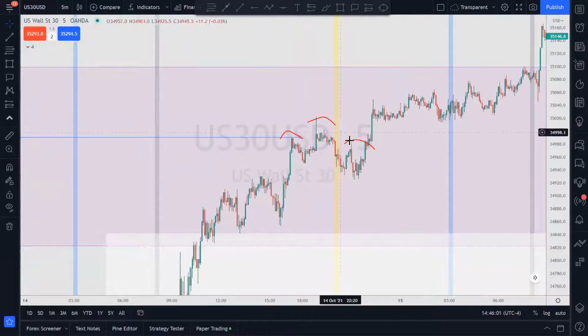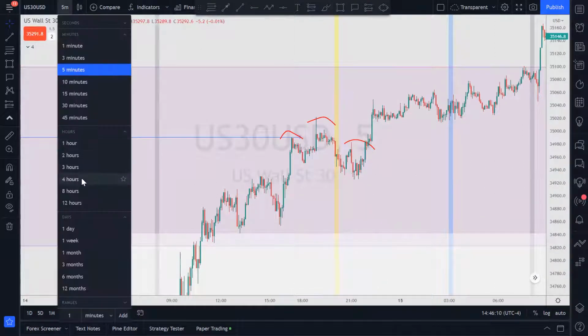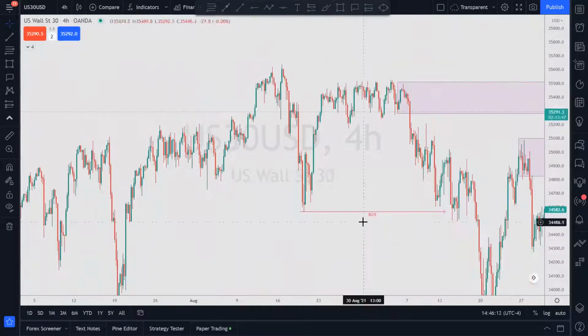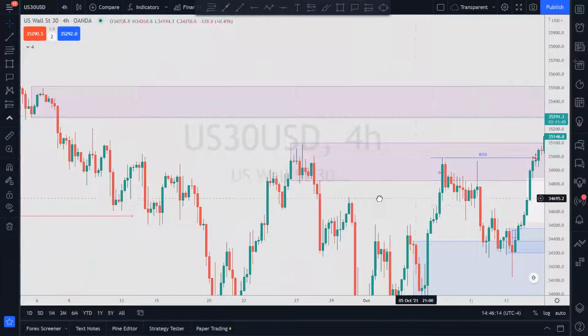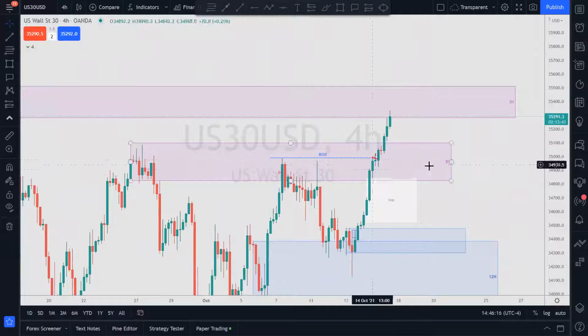And I was like, oh, that's a good sign. It looks like maybe price is turning around inside of this bearish order block. This was a D1 order block, and we see it was made here, and then respected here.